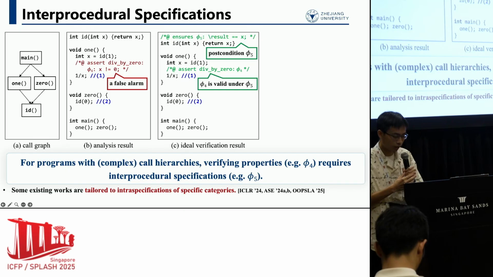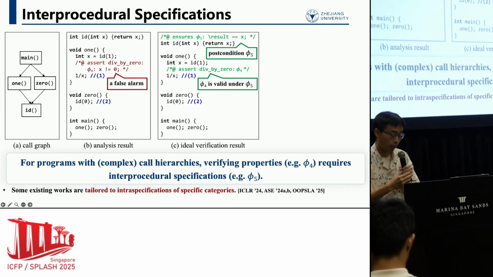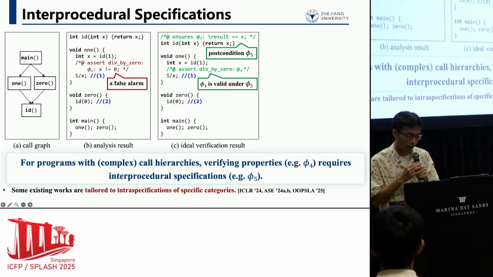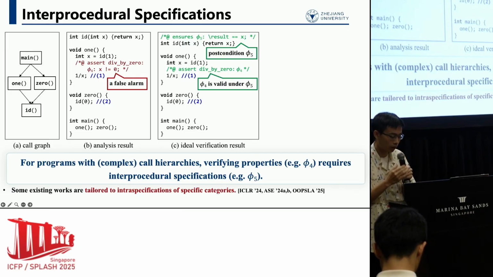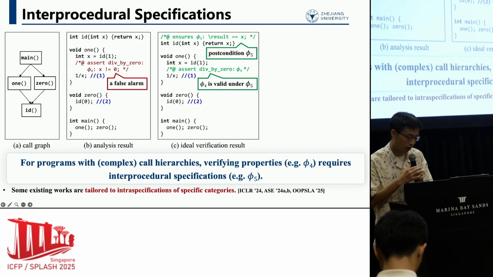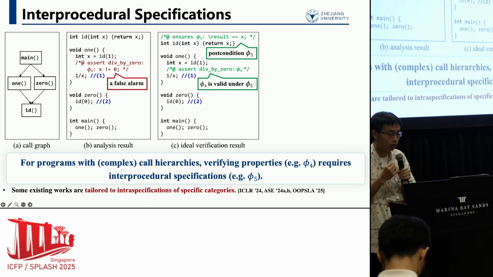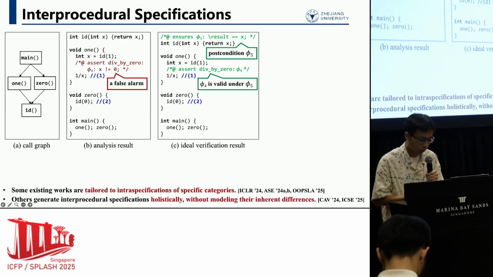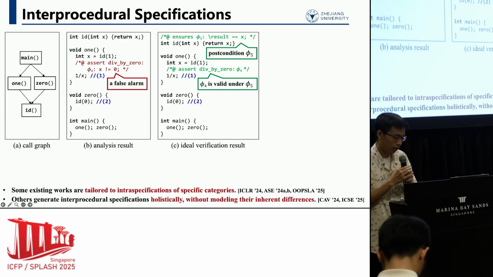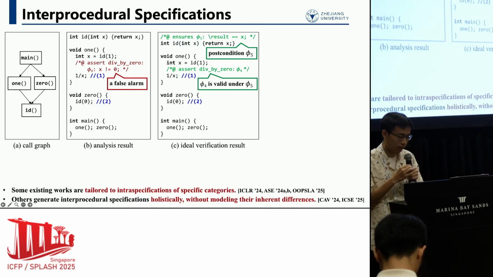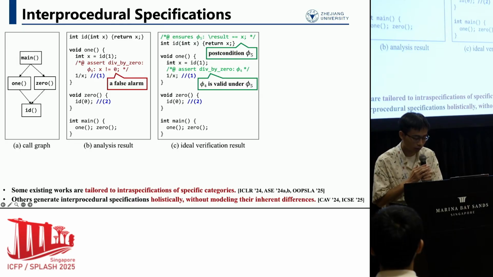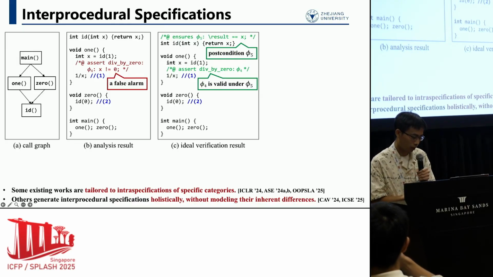Generating such interprocedural specifications is hard for existing LLM-based methods. Some are limited to intra-procedural specifications of certain categories, such as loop invariants and assertions in individual functions. While other methods can generate interprocedural specifications, they treat them as a holistic block without modeling their inherent differences, which leads to problems.